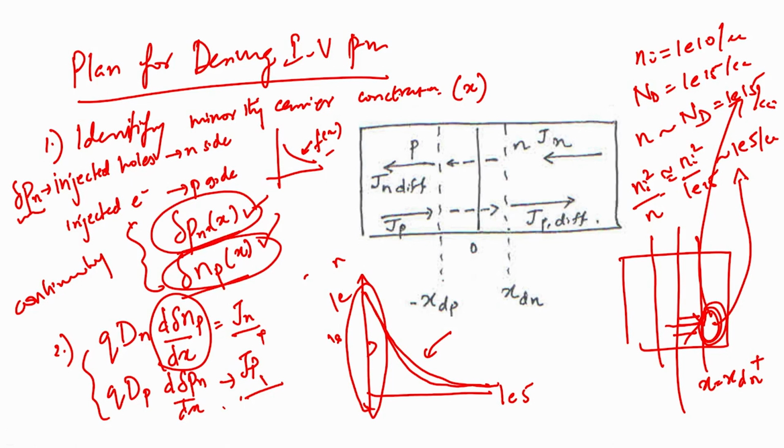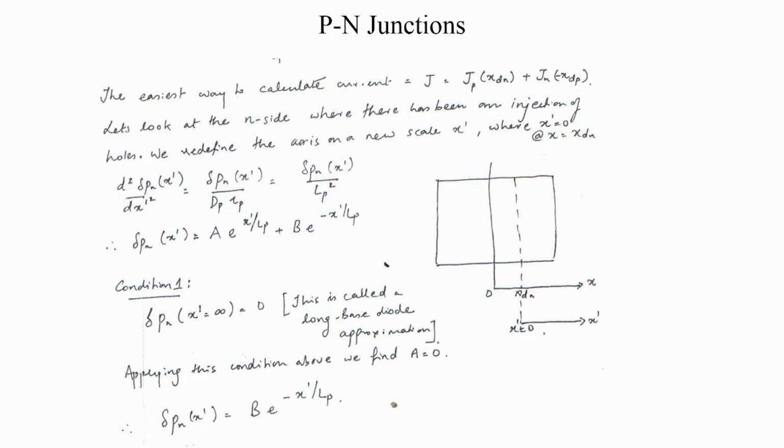So, the first part is to solve the continuity equation. Now, we are going to shift the coordinate system a little, because we are very comfortable with defining x equal to 0 at the point of injection.